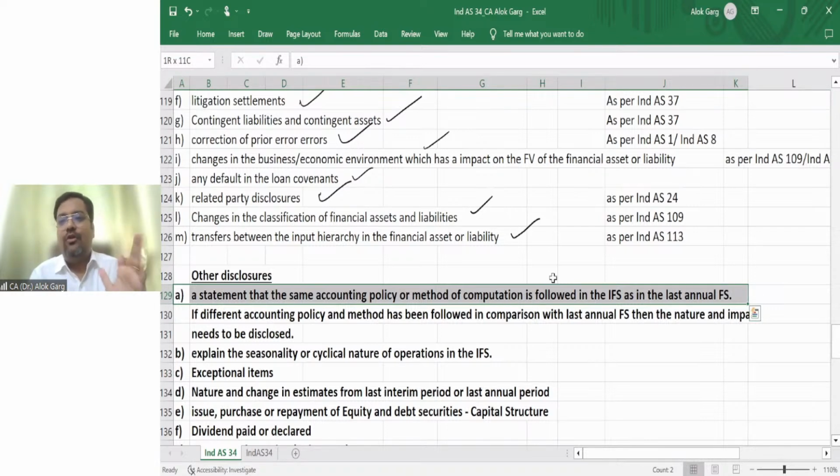So this policy is not going to repeat in every interim financial statement. You have to write only one statement in the notes to accounts that the same accounting policy or method of computation is followed in the interim financial statement as followed in the last annual financial statement. Sir, why is reference required to be given for the last annual financial statement? Because the last annual financial statement is available with the public.